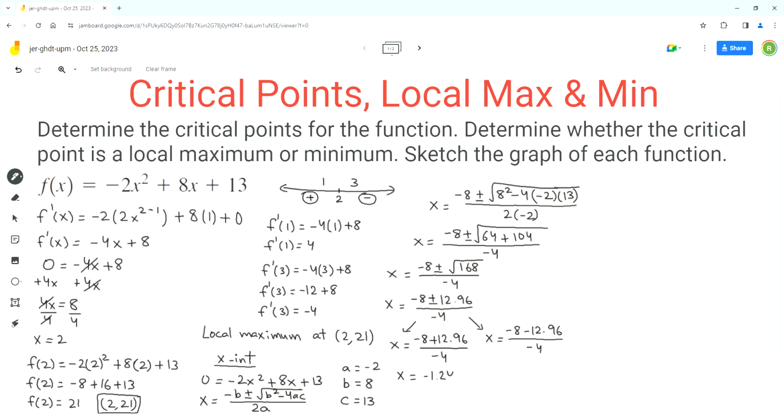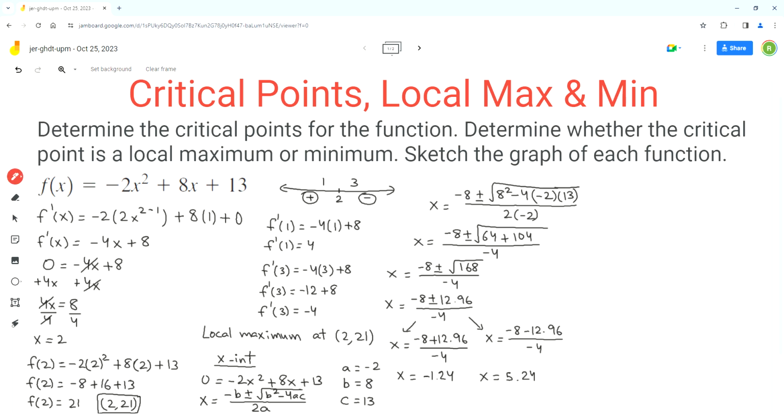So this is our first x-intercept, and the second x-intercept is negative 8 minus 12.96 and then divided by negative 4, which is equal to positive 5.24. Now we can also find the y-intercept.